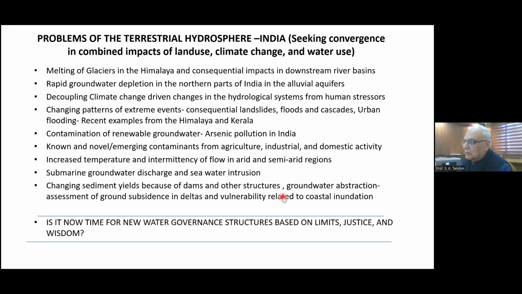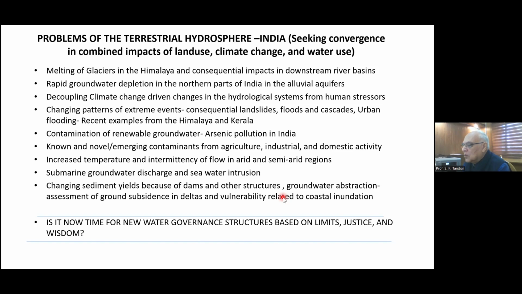We have to look at the changing patterns of extreme events. We have to look at the contamination levels of renewable groundwater. We know the arsenic story in West Bengal and Bangladesh. We know of the novel and emerging contaminants from agriculture, industry, and domestic activity. And then there is, of course, the problem of increased temperature and intermittency of flow in arid and semi-arid regions.